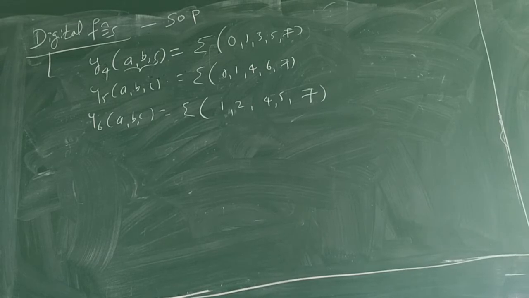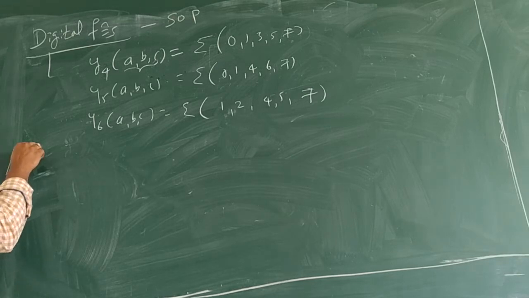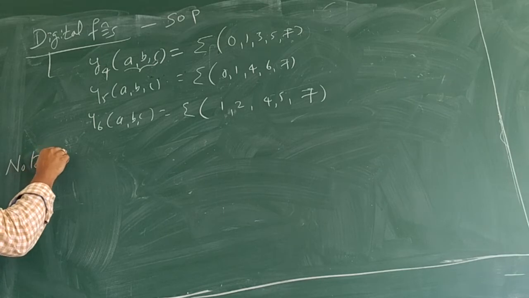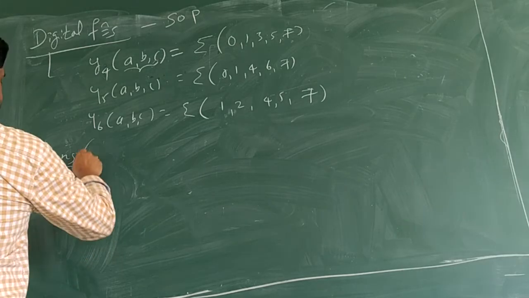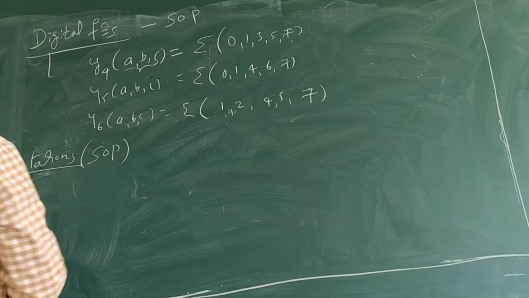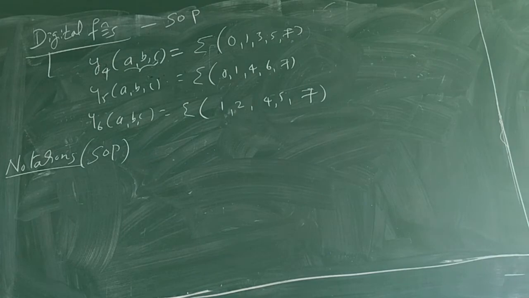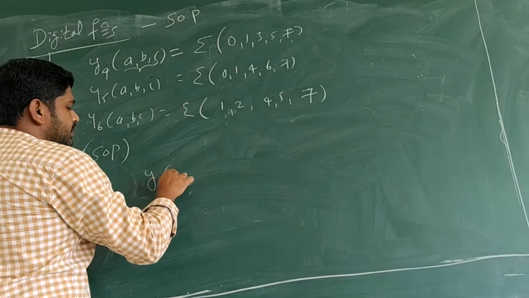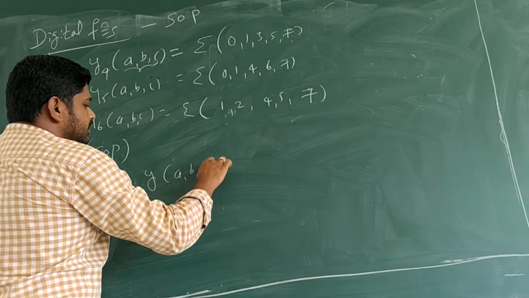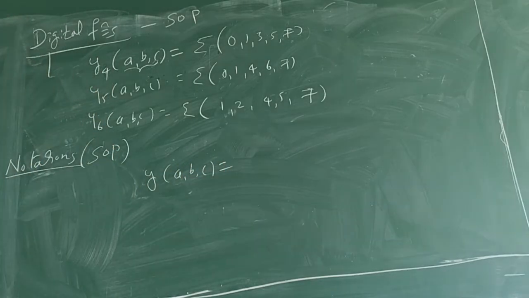So different notations we can use to represent SOP type of function. Here I will write Y is a function of three variables.